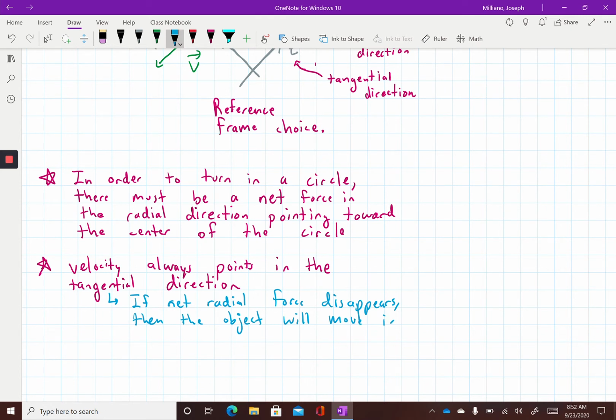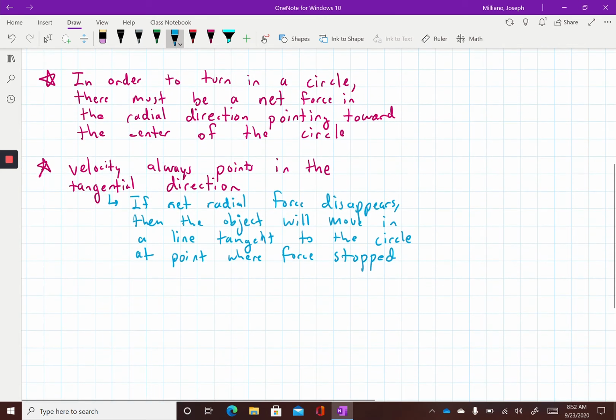So no longer in a circle, but in a line tangent to the circle at the point where the force was lost, at the point where the force, we'll say, stopped. It'll maintain that constant velocity from there. So that's consequence number 2 from our buggy example.